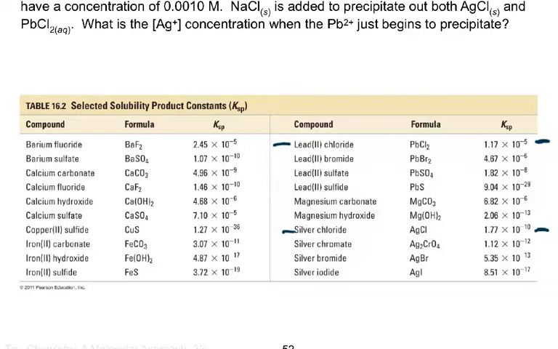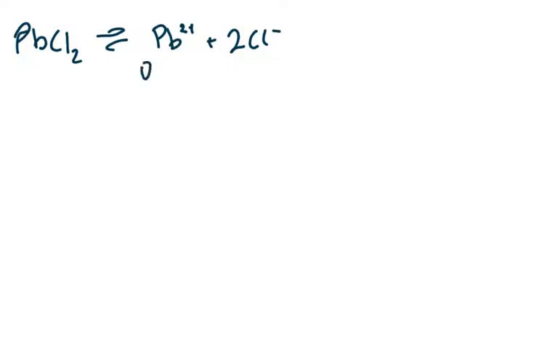So we're going to start with our lead(II) chloride. So we have our PbCl2, lead plus 2Cl minus. We want to find out when our lead concentration is 0.0010 molar, what our chloride concentration is at equilibrium.